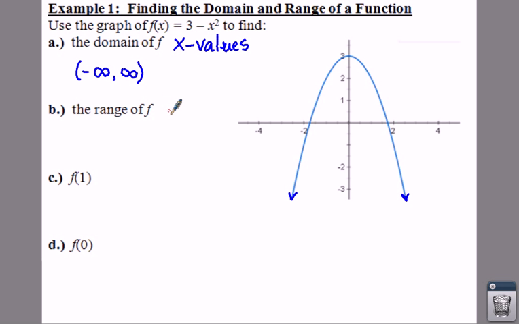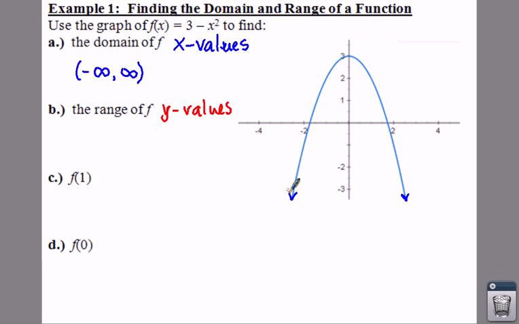Now, if we want to talk about a range, these are your y values. And what we're going to get with our y values here is we're going to look at how low does this graph go? How low can you go? Well, this graph never stops going down because you have arrows here.